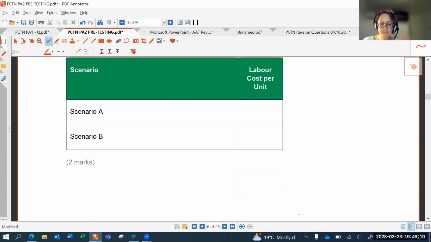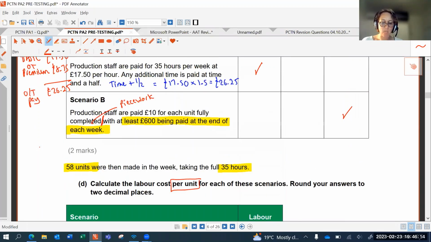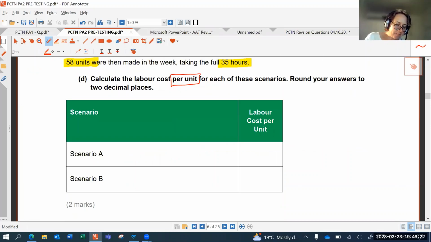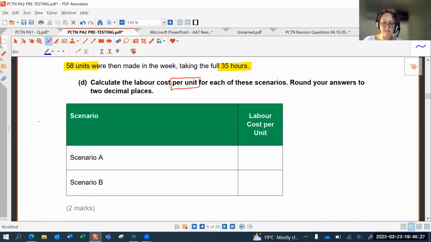So, shall we start with scenario A? And shall we think about what the staff are going to be paid in total to start with? So, scenario A, we're told we work for 35 hours in the week.